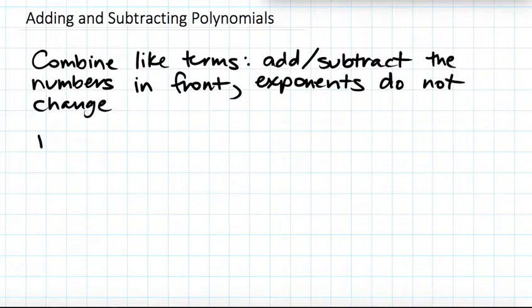You only combine things if they have the same variables and exponents on each variable.